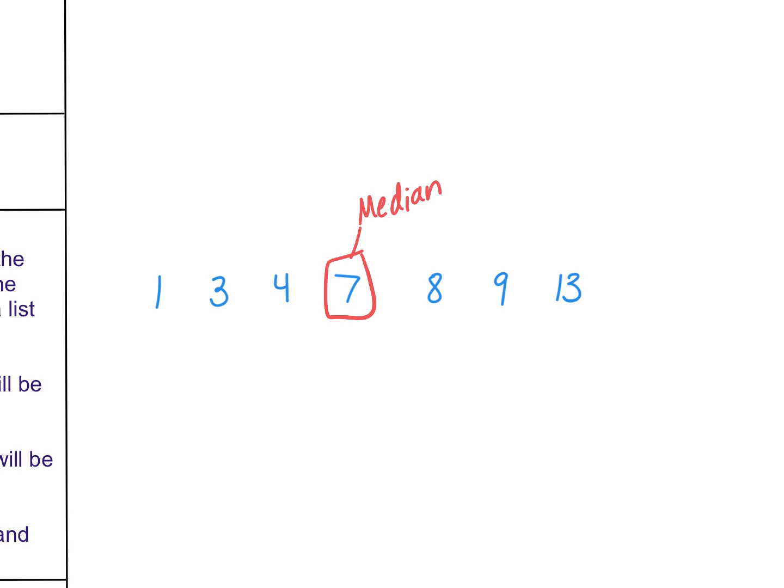Okay, so if I were finding the median of the lower half of the data, I would be just looking at these points to the left of the median. Okay, what would be the middle number there? It'd be 3. Okay, so this would be my lower quartile, or my Q1.